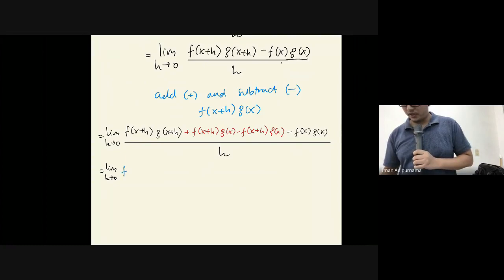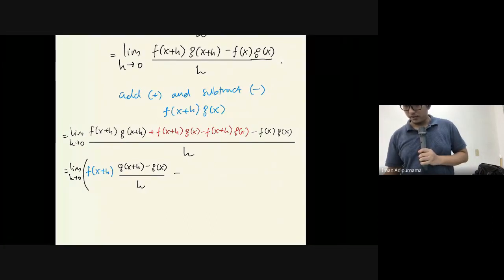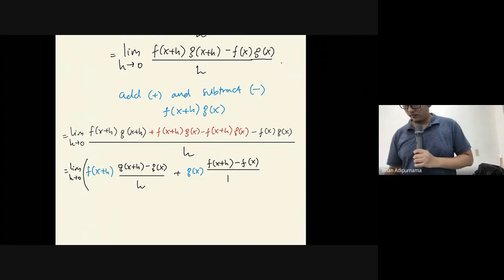So I will group the f of x plus h, let me write this as this group, and plus the other one is g of x.